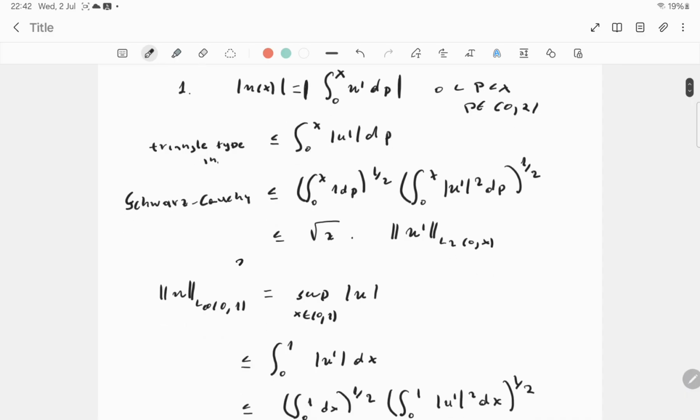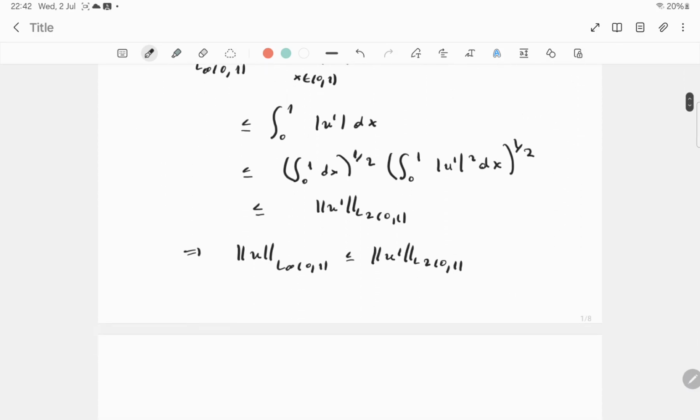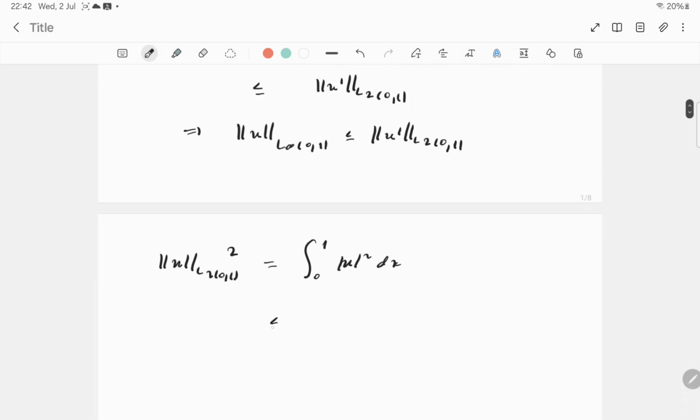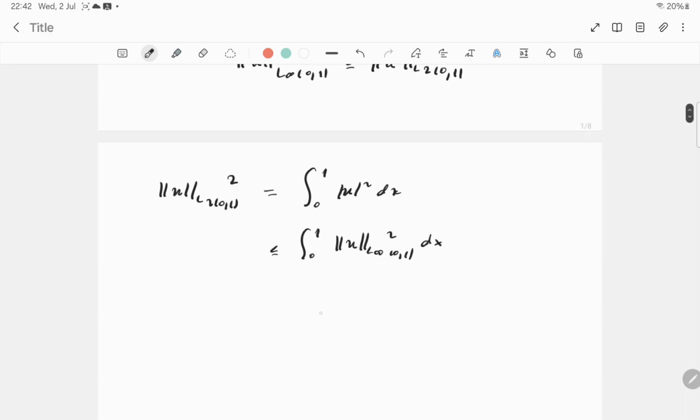So here we have a bound for the infinity norm of the function u. And then we have the L2 norm of u on 0, 1 squared, which is the integral from 0 to 1 of u squared dx, and this is bounded by the integral from 0 to 1 of the L infinity norm of u squared dx.